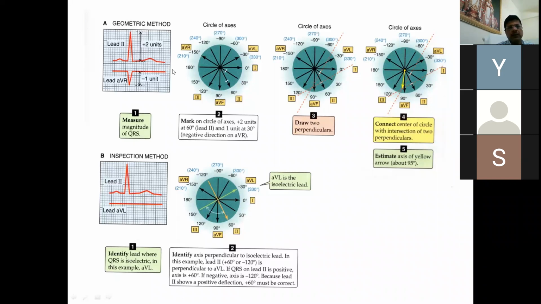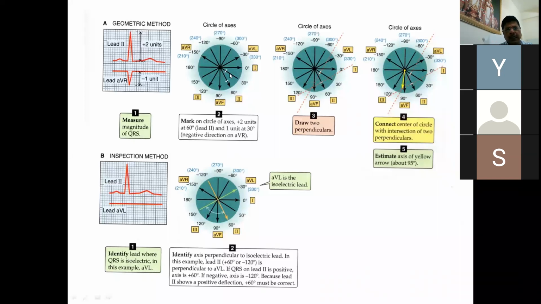In this hexaxial system, you will see that +60 degrees and -120 degrees, that axis represents lead 2. On that lead 2, from the center, you draw one line of 2 units length. Any units, keep it constant. It can be 2 millimeters, 2 centimeters, or whatever. Same units you should use.